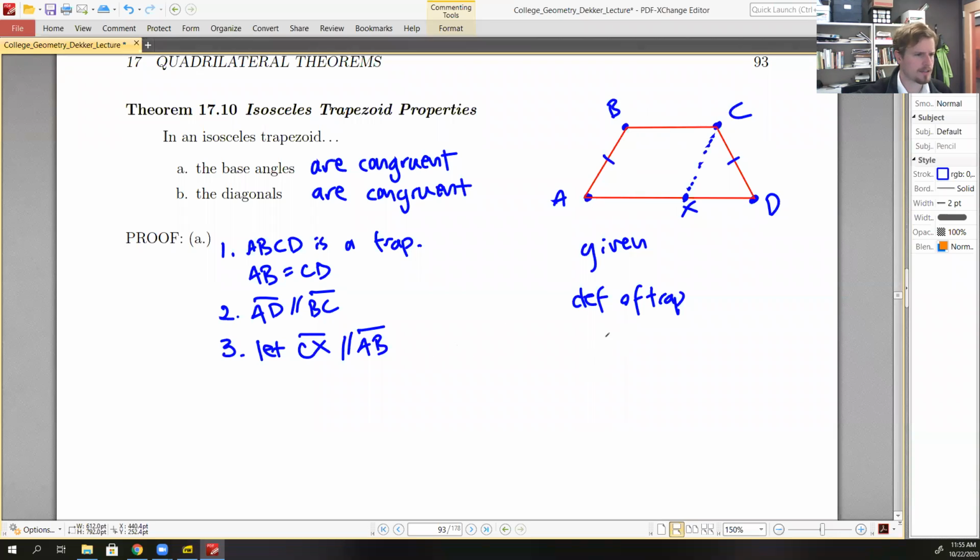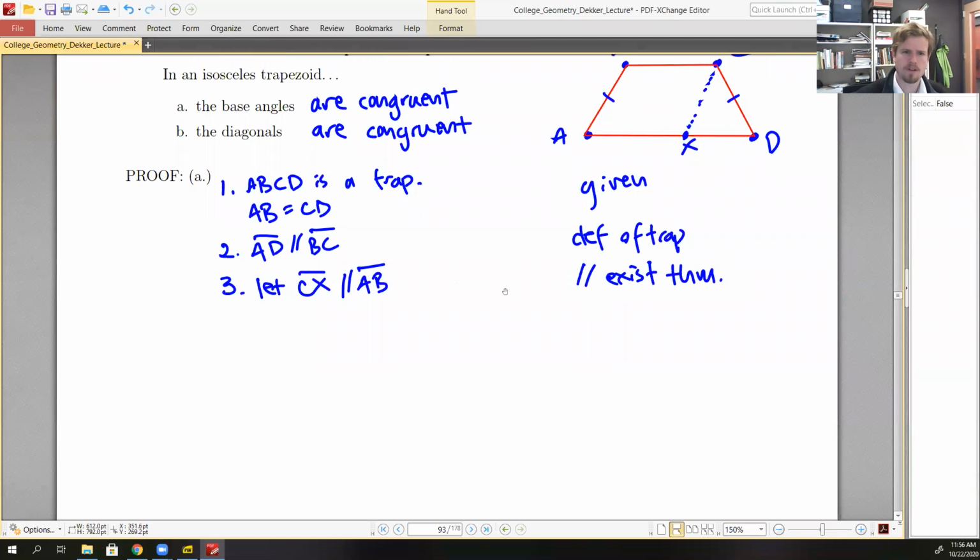So this is given by the parallel existence theorem. Excellent.